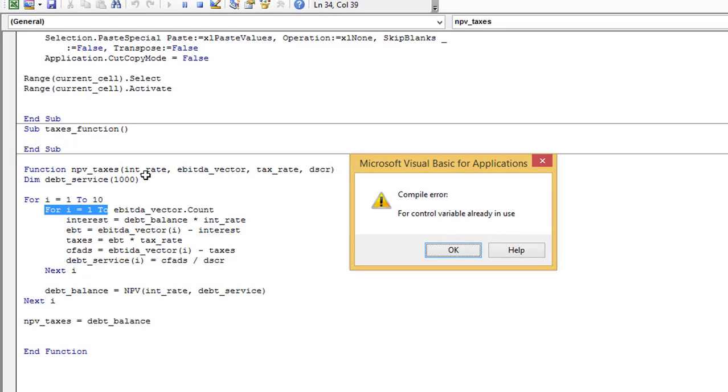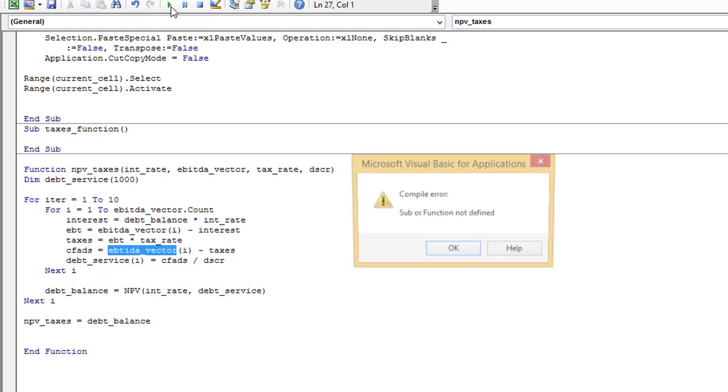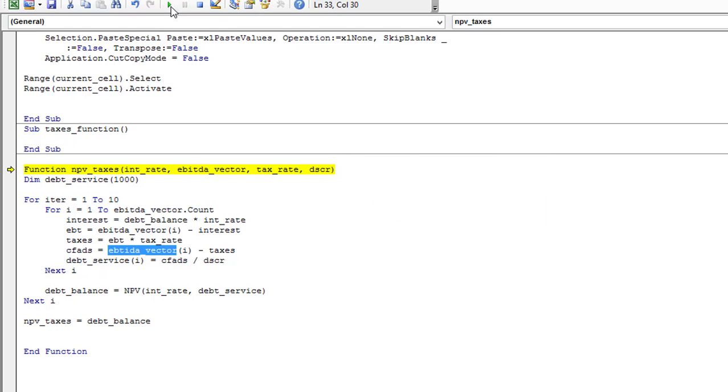Ah, shoot. Control V. Oh, no. Okay, well, I should have turned it off. I made that mistake on purpose. And then we have EBITDA. I spelled that wrong on purpose too, didn't I?